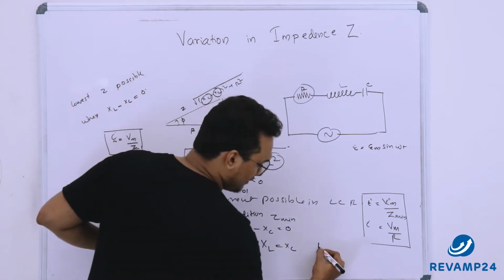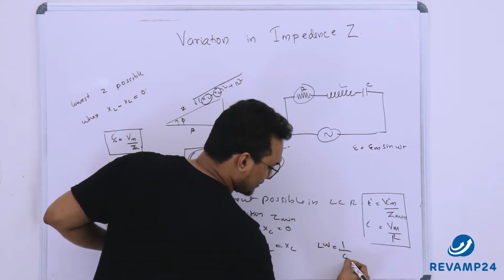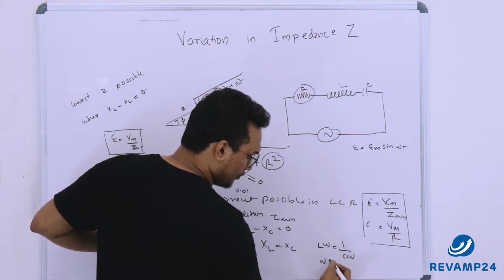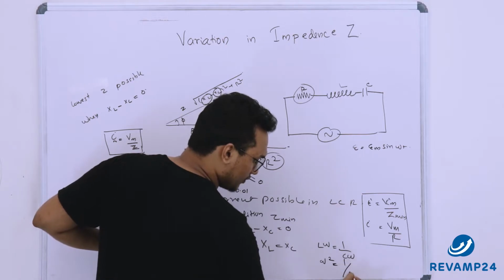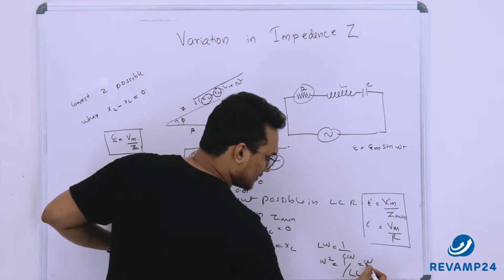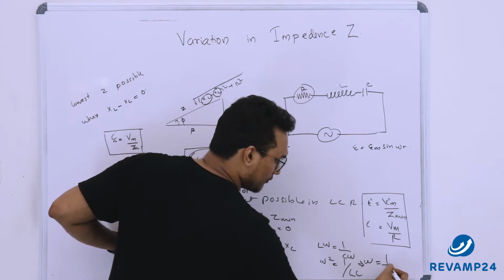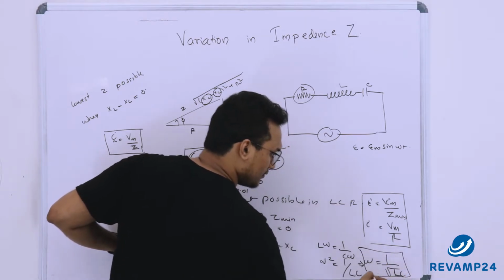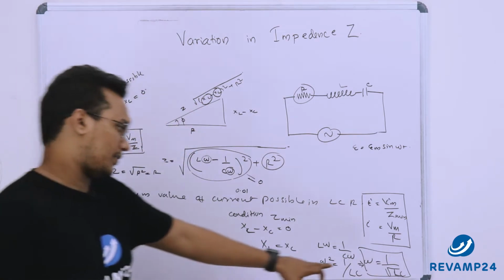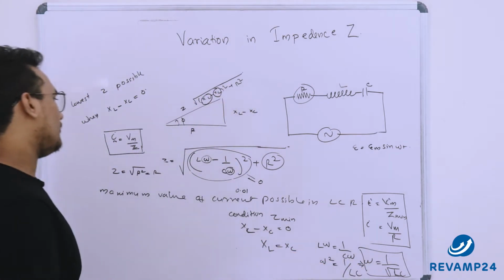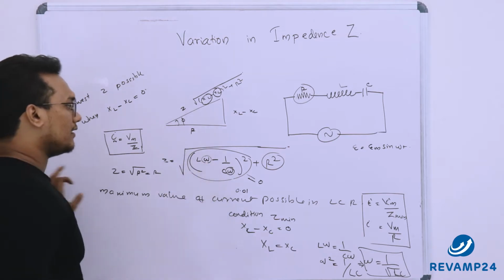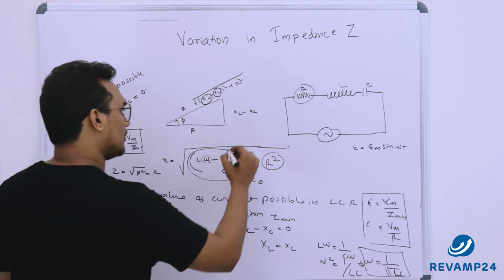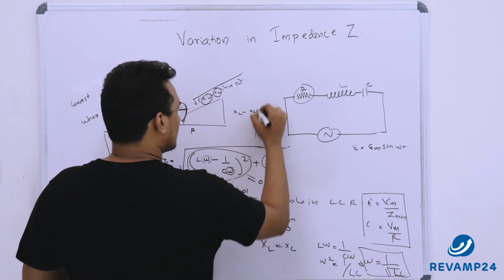Now what is XL? L omega. What is XC? 1 by C omega. Take omega here, so that will be omega into omega, omega square is equal to 1 by LC, which implies omega is equal to 1 by root LC. Now this represents that when we are choosing a value of omega as 1 by root LC, I will substitute omega equal to 1 by root LC in this equation.